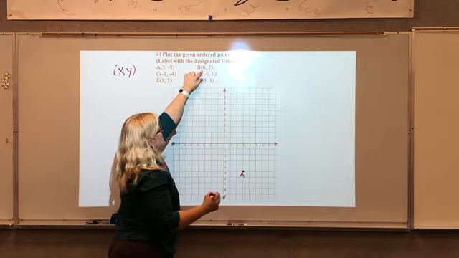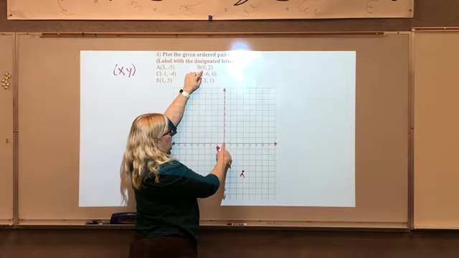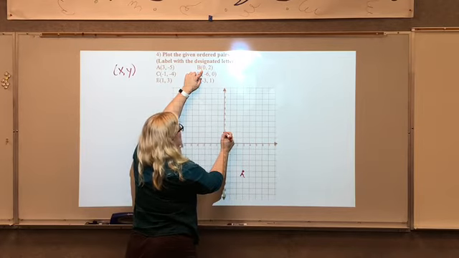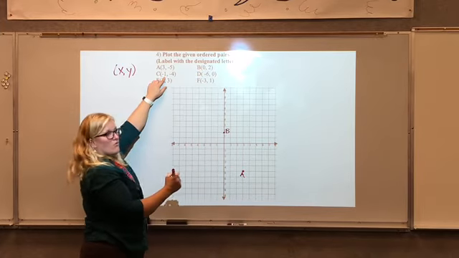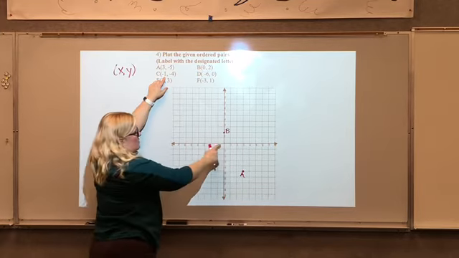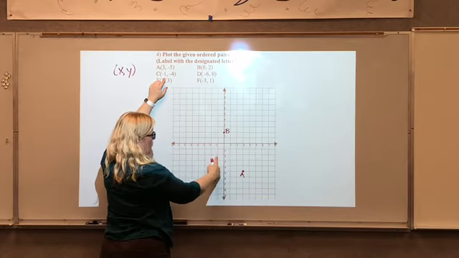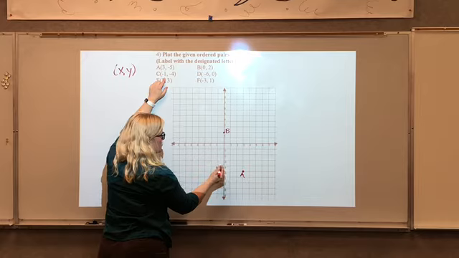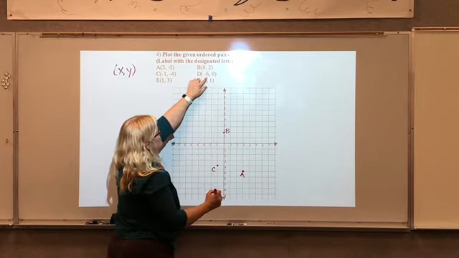Point B is 0, so on my x, it's right here, and then y is 2. This is B. C is -1, -4. So -1 on my x-axis is right here, and then -4 on the y-axis is right here. -6, 0.